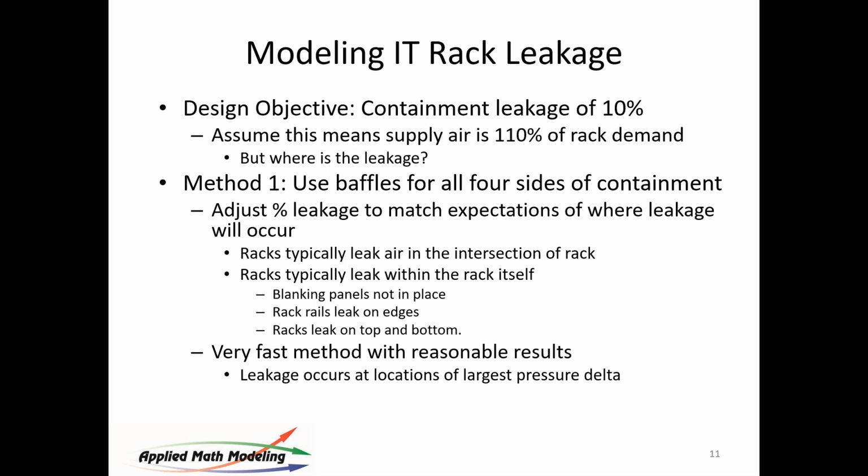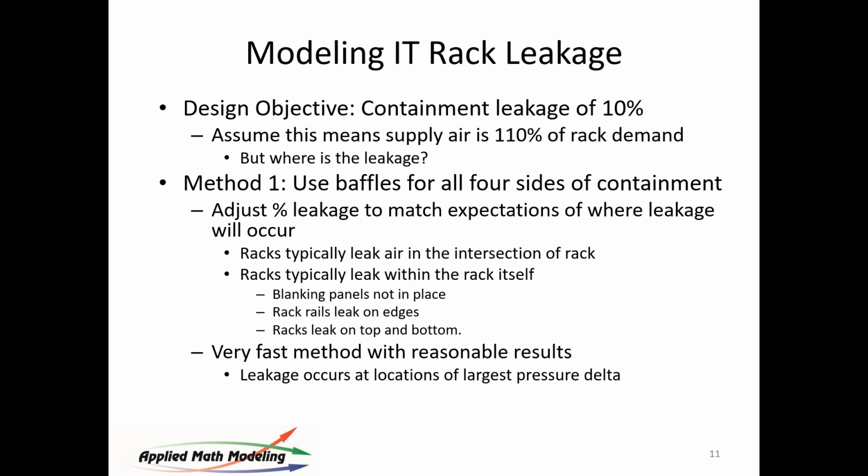But racks also typically leak within themselves. Oftentimes it's because a blanking panel is not in place or rails are leaking on the edges. I'll take one apart for you in a moment and show you what it looks like inside. Most of you know what a rack looks like. And if you're a colo organization, oftentimes the installation and maintenance of these racks is the responsibility of the customer, not you. Certainly not you, because you're probably way up front in the design community.